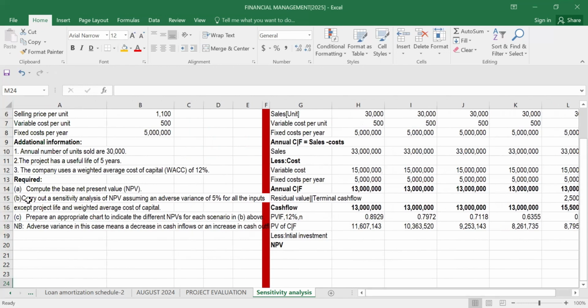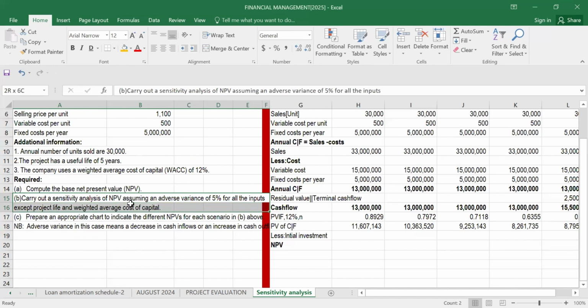So in part B, we are required to carry out a sensitivity analysis of NPV, assuming an adverse variance of 5% for all inputs except the project life and the weighted average cost of capital.